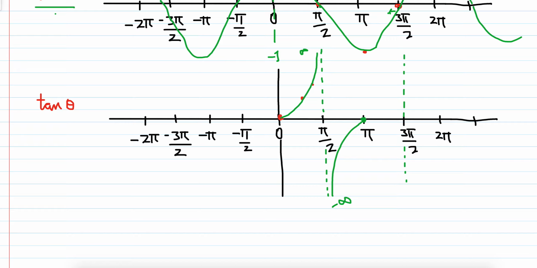So its graph is also similar to sine. The only difference is that it's shifted by pi by 2. So the value that was coming at pi by 2 is coming at 0. The value that was coming at pi is coming at pi by 2. So this whole graph is shifted by pi by 2.